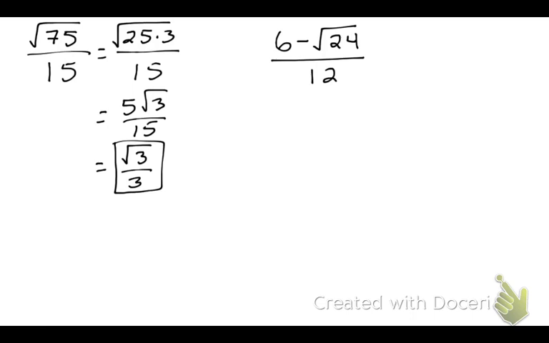Now what I would do is I would break this up into 6 over 12 minus root 24 over 12. And I know that 6 over 12 is 1/2. And the square root of 24, well, that's just 4 times 6.